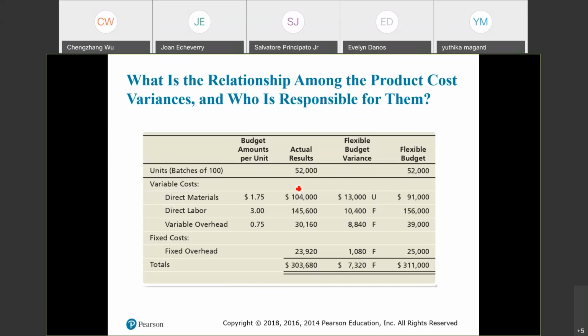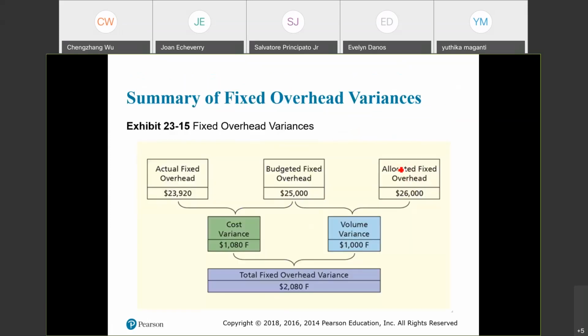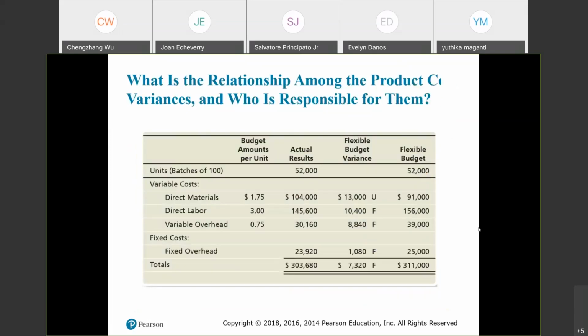This slide shows the flexible budget variances for the product cost: direct labor, direct material, and manufacturing overhead.